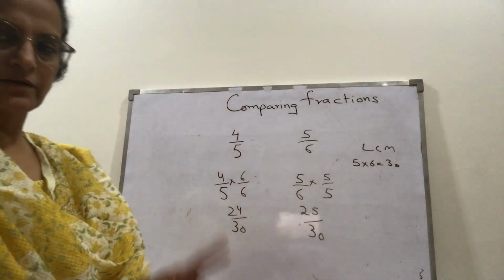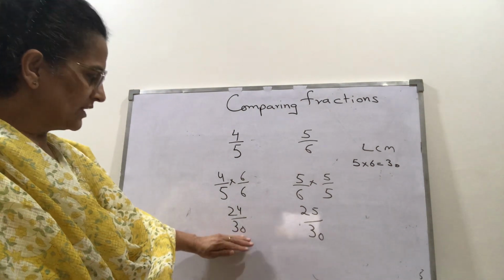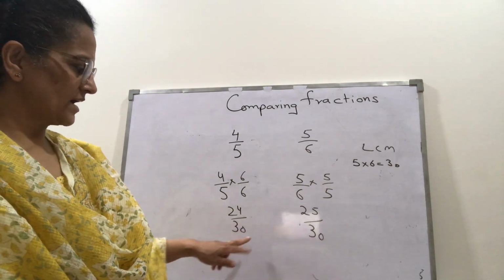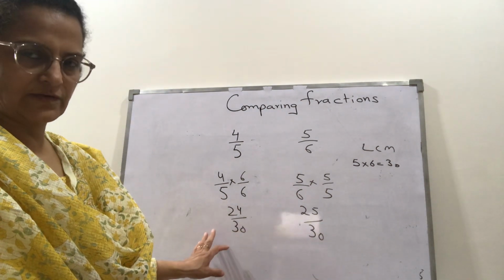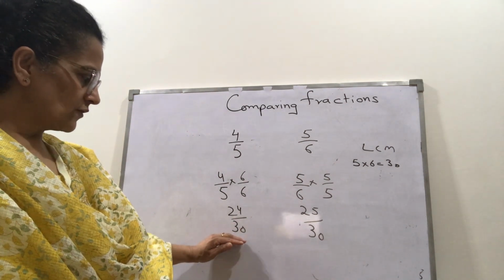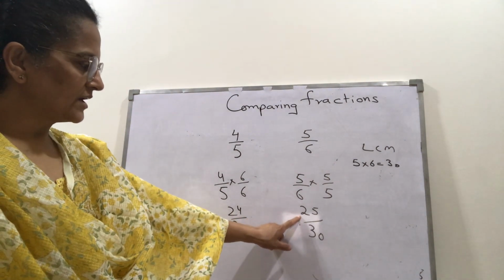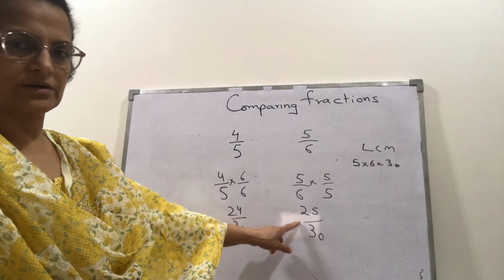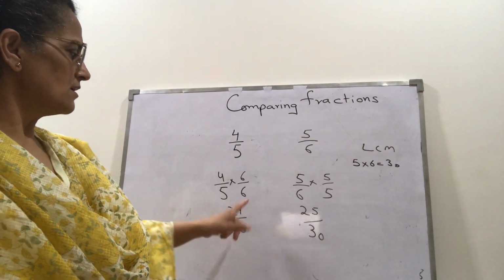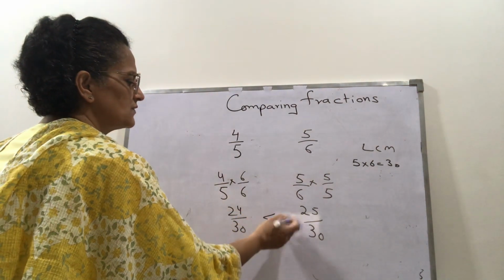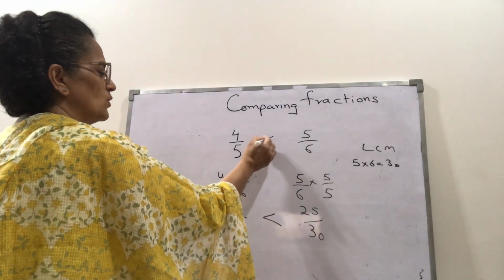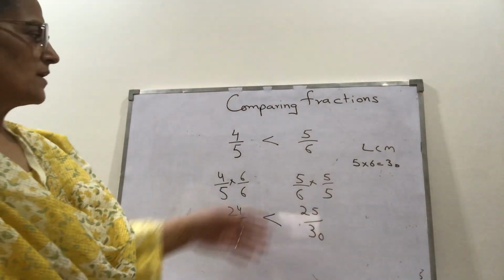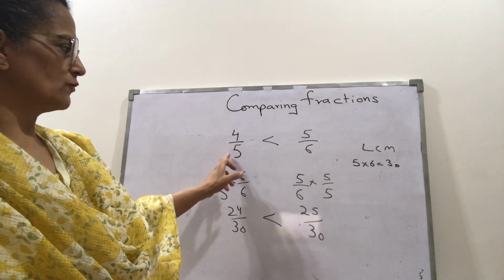Now we have done the first way we did. When the denominators are same, they are like fractions. In case of like fractions, we can compare the numerators. 25 is greater, so we can say this symbol goes here and we can say 5 by 6 is greater than 4 by 5.